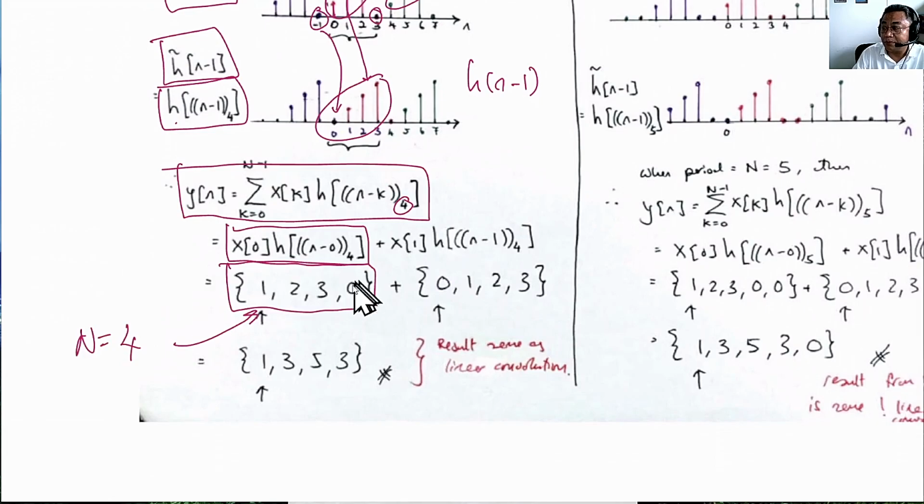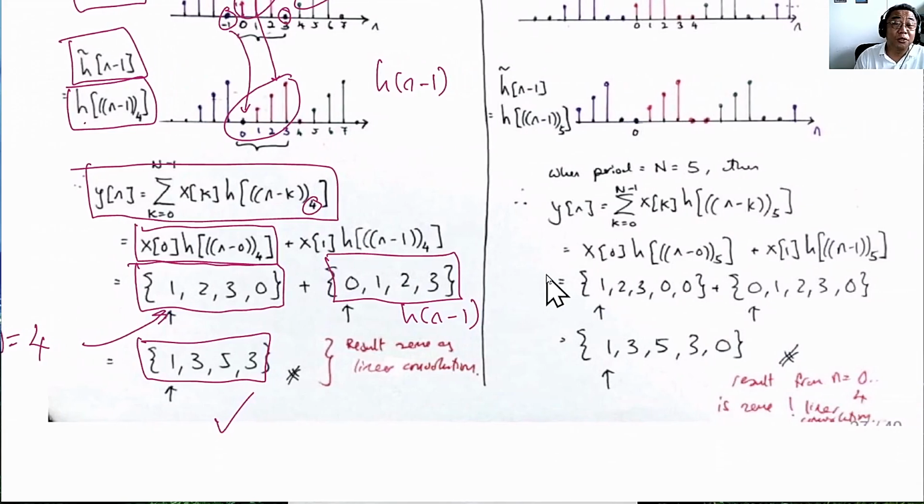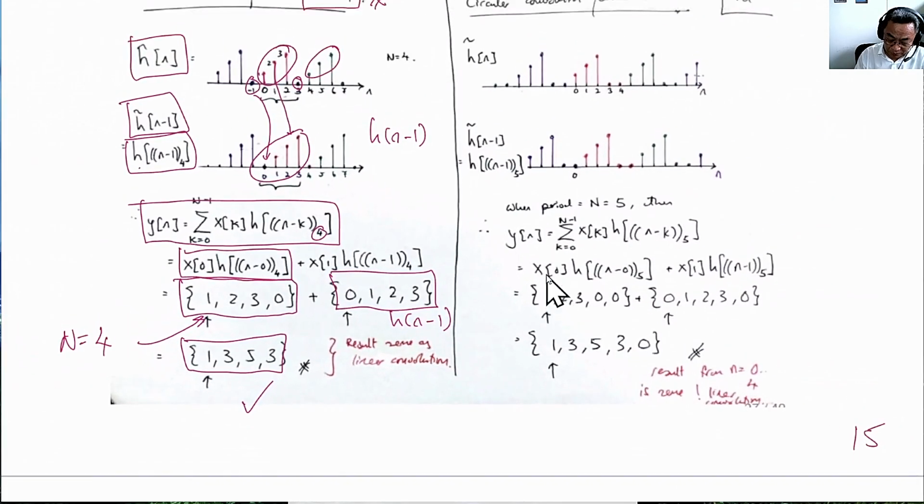Okay, so this is 4 samples, there's a 0 here. x[1] and h[(n-1) modulo 4] is also 4 samples, and this looks like h[n-1]. And now when we add them up, it's exactly correct. Voila! So we know that by 0 padding, we can actually change circular convolution into linear convolution.